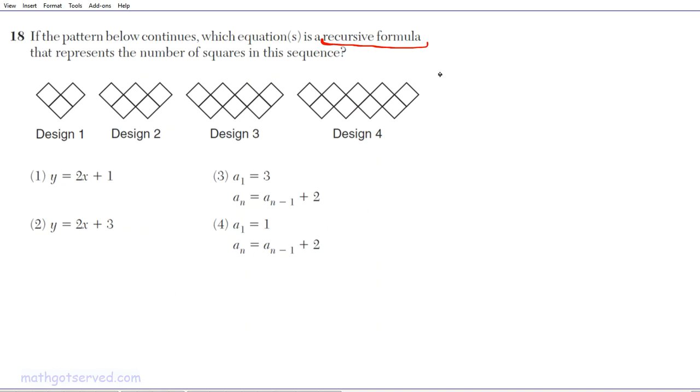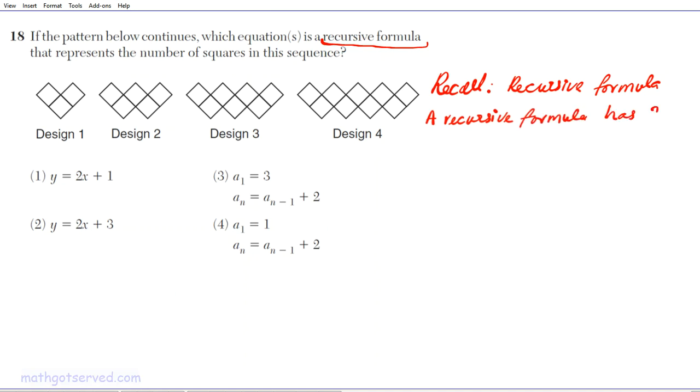Okay, so what is a recursive formula? You have to remember the following fact concerning recursive formulas. First thing you want to note is that a recursive formula has two parts.